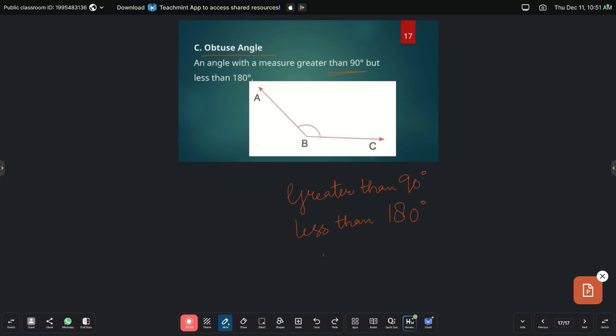So this angle can be 91 degrees, 92 degrees, 100 degrees, up to 179 degrees, not 180. Less than 180 means up to 179 degrees. This type of angle is called an obtuse angle. Got it, boys?